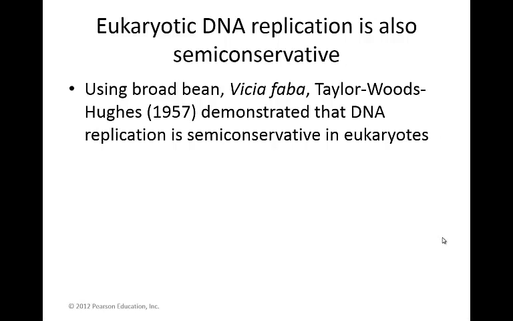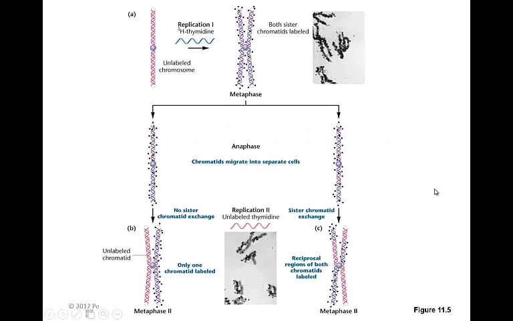They also performed experiments showing that eukaryotic DNA replication is also semi-conservative. This was performed by Taylor, Woods, and Hughes in 1957, and they used broad bean to demonstrate this. What they did was look at chromosomes, and they labeled them with tritium, this H3 thymidine.